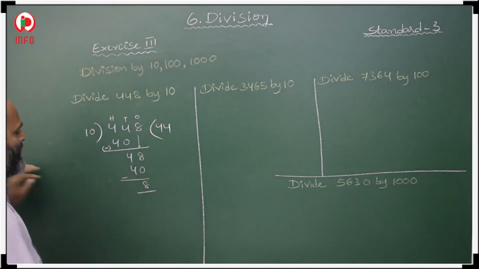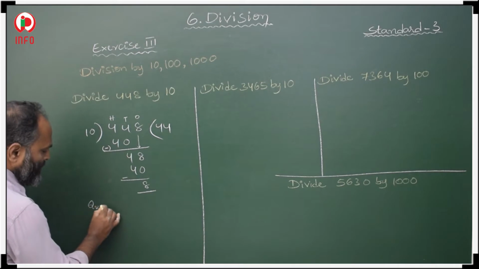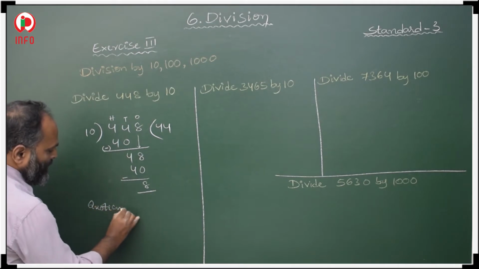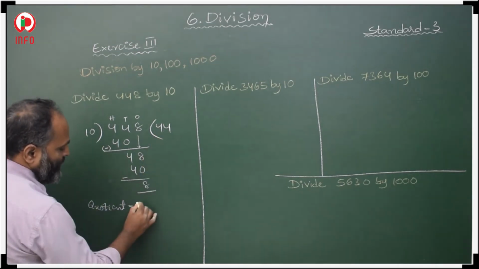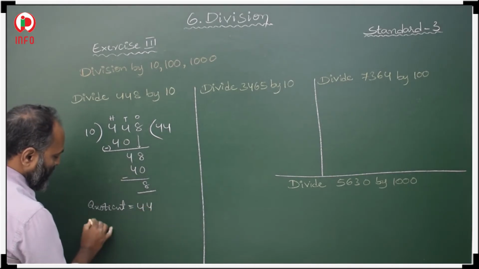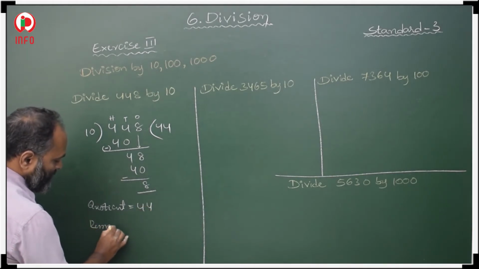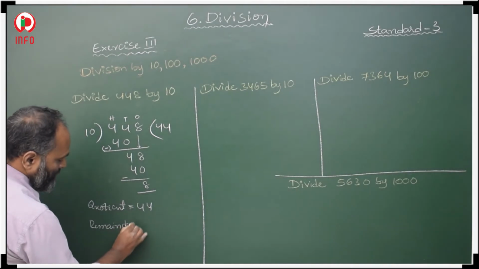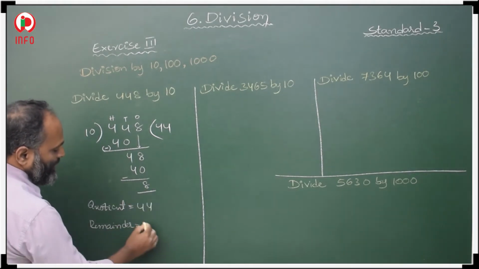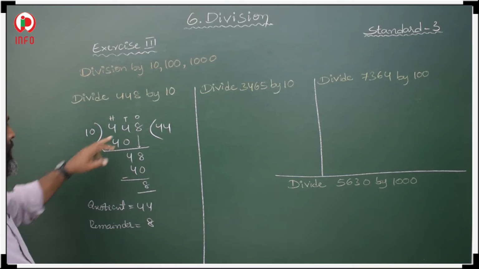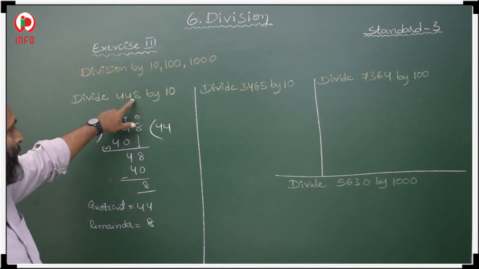Then what is your quotient? Your quotient is 44 and your remainder is 8. Here your question is 448.